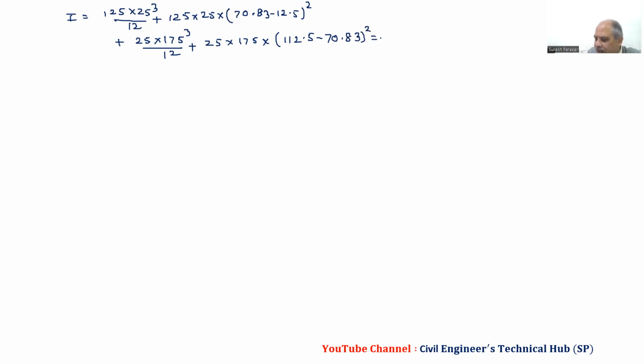And the value of I that we got is 29.56 into 10 raised to 6 millimeter to the power 4.